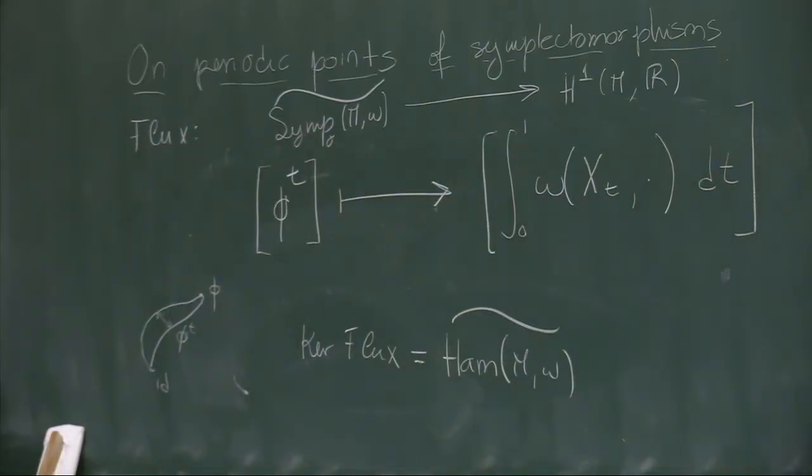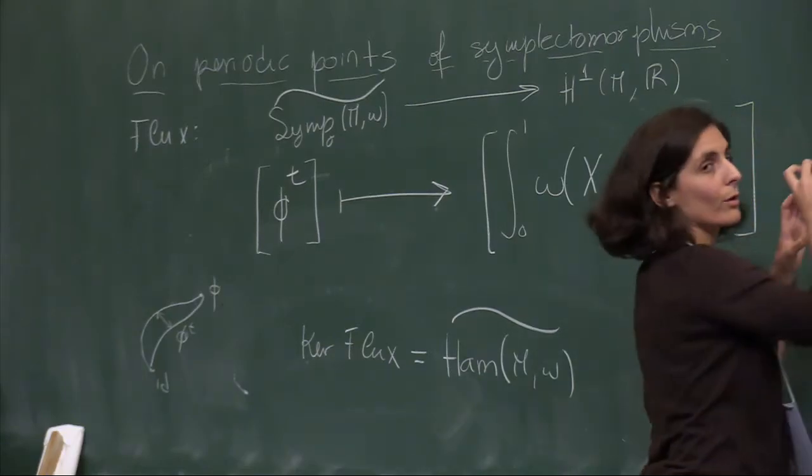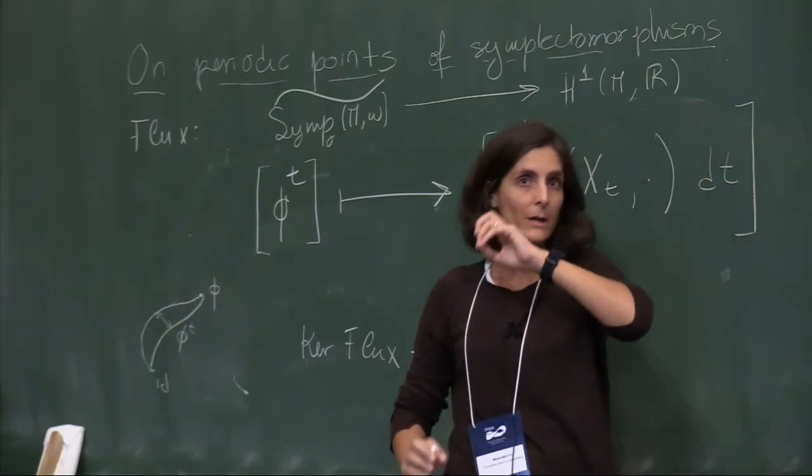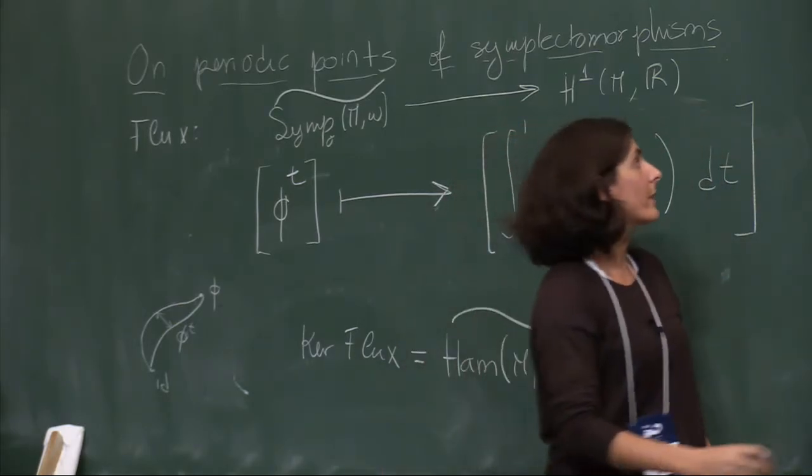Now, go back to the example of T^2, the one I gave in the beginning, the horizontal translation on the torus by some angle theta.